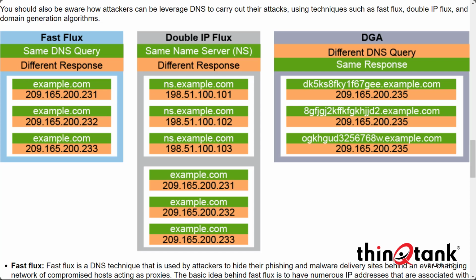All right? The basic concept of fast flux networks is having thousands or tens of thousands or hundreds of thousands of IP addresses that are associated to a particular domain name, and then constantly changing those in quick succession, usually within 300 seconds or so, or 5 minutes.